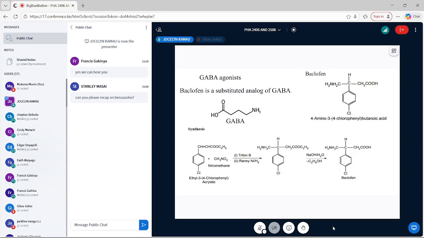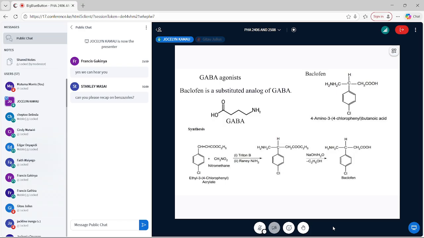This is because they have the gamma receptors. And I told you the gamma receptor, again, the gamma aminobutyric acid receptor, the GABA receptor. It has several subunits. It is a complex receptor with several subunits. It has alpha 1, alpha 2, B1, and so on.